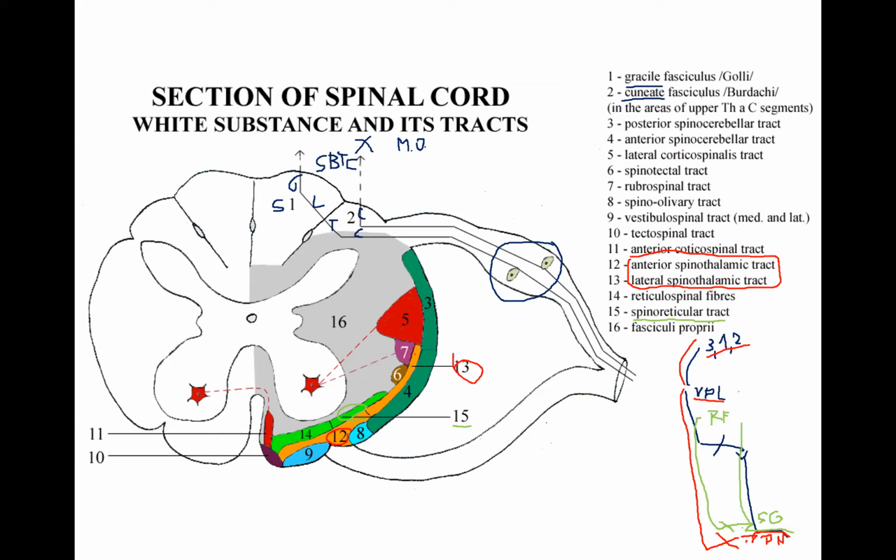And then it goes into the thalamus to the intralaminar nuclei, and then to areas 6 and 9. So you can see that the slow pain has different tasks. One of them is to activate the reticular formation, and one is to go to the thalamus and cortex.